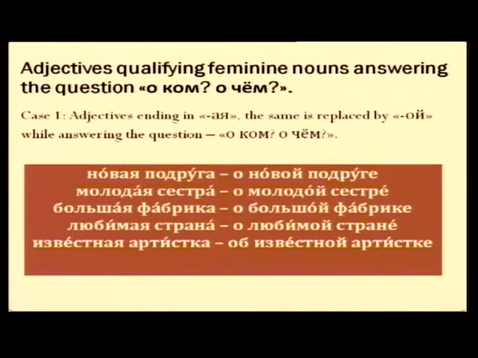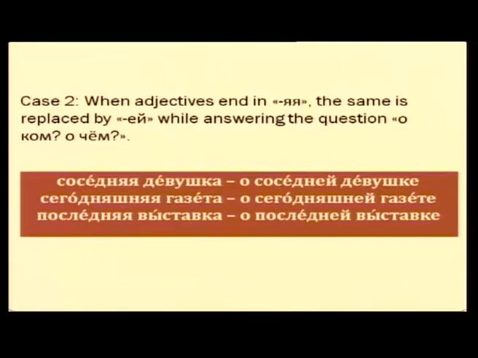Accordingly, you need to remember the rules applied when these adjective endings are changing with the noun endings. But you only need to remember when to use о ком and when to use о чём depending upon the category these nouns belong to, such as подруга belongs to о ком, сестра belongs to о ком, but фабрика, страна belong to о чём.